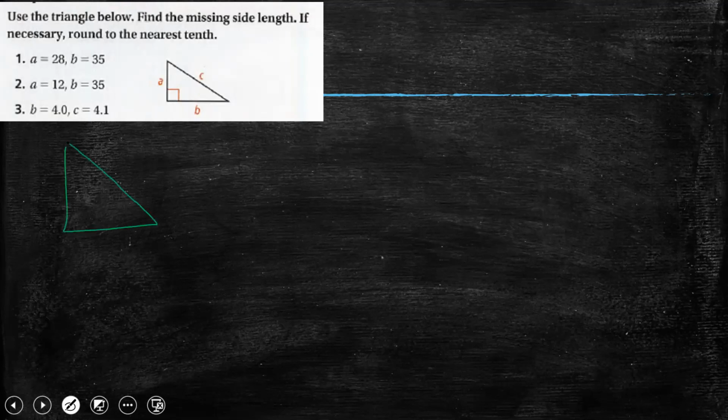For the triangle ABC, let's solve number 1. If A is 28, if B is 35, find C. Now, the Pythagorean theorem says that the hypotenuse squared equals the first leg squared plus the second leg squared.